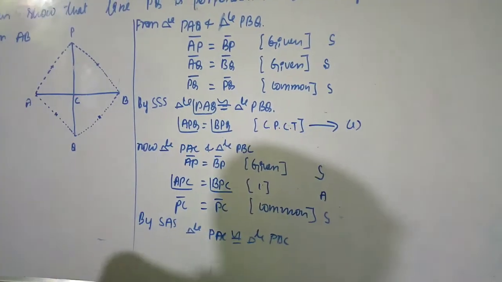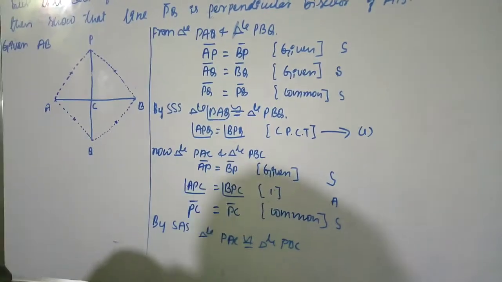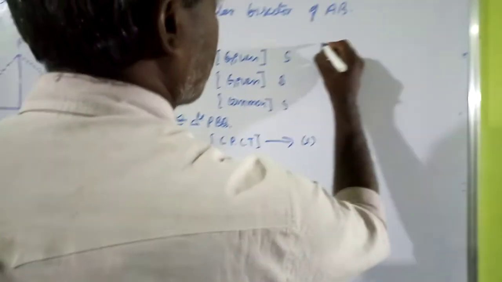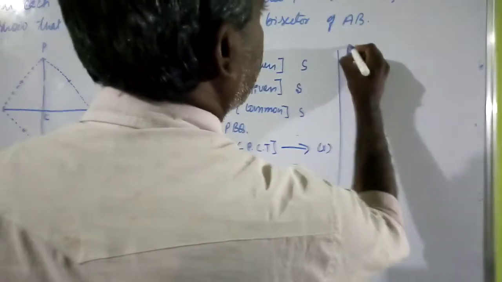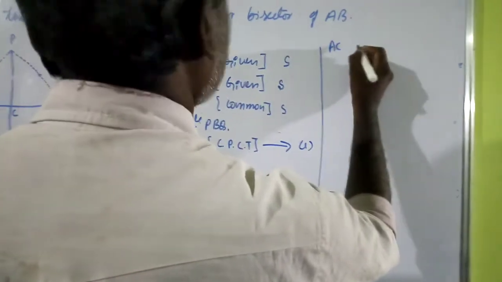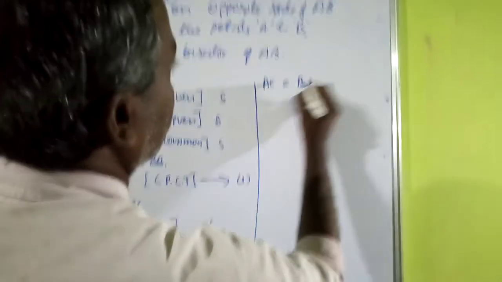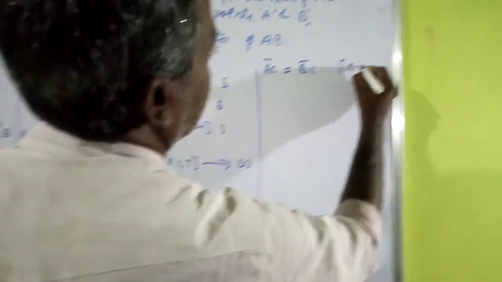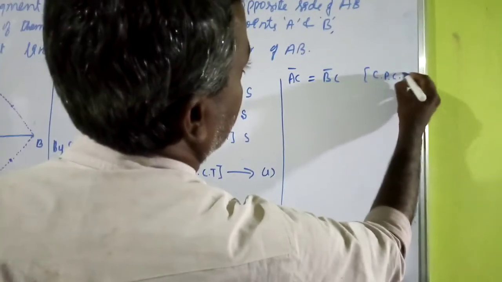So these two triangles are congruent. Then side AC is equal to side BC, because this is a part of congruent triangles, corresponding parts of congruent triangles.